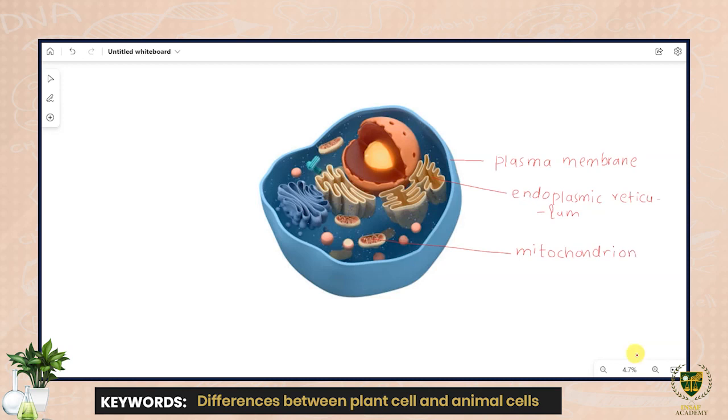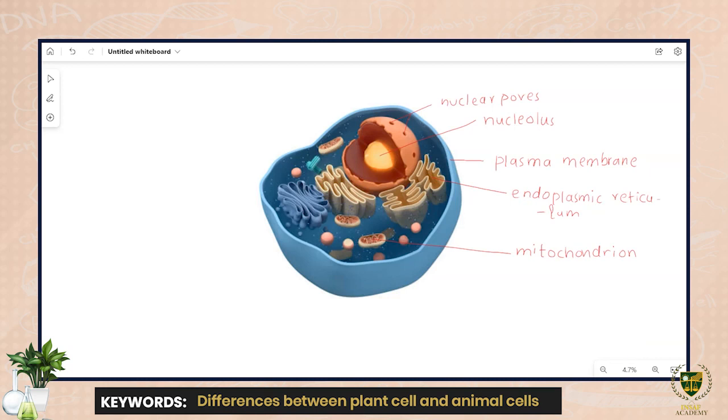And this is the nucleolus, the dark stained body, and these are the nuclear pores in the nucleus.